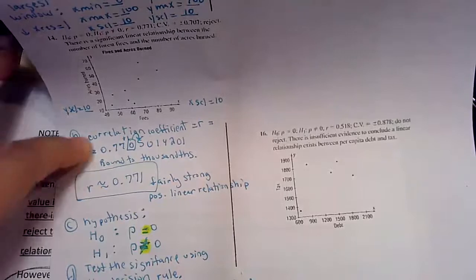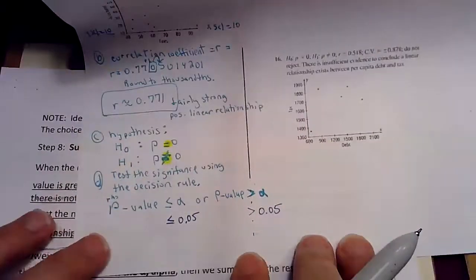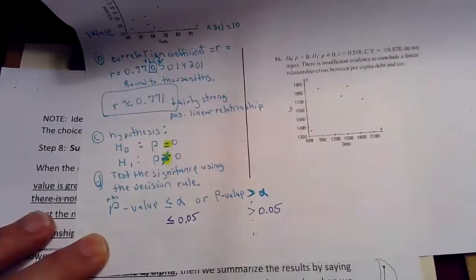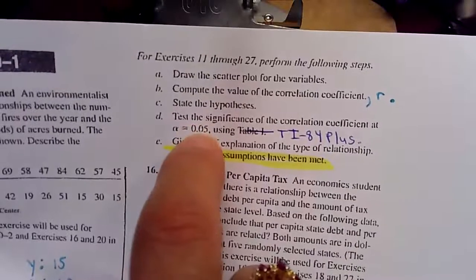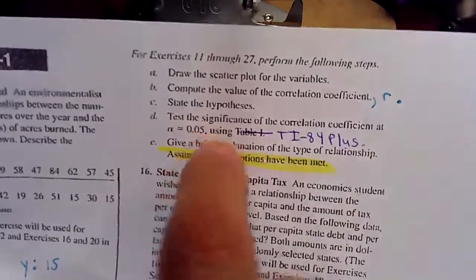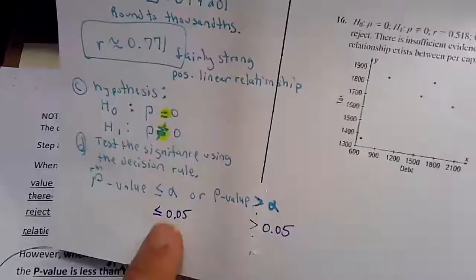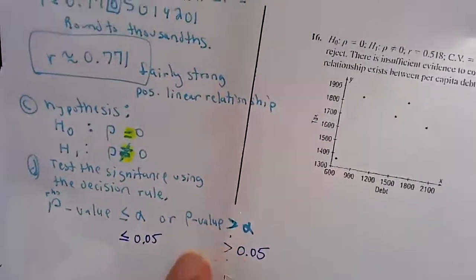That's what was given on problem number 14 and 16. So you can see they're telling you to use the 0.05, which I did. See how I substituted that there? In lieu of alpha, I substituted that.